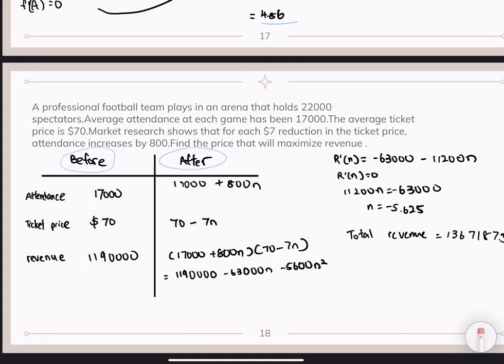So first step, we need to make a table for before and after. So the attendance is 17,000, and the ticket price is 70, and the revenue is the attendance times the ticket price, which is 119,000.